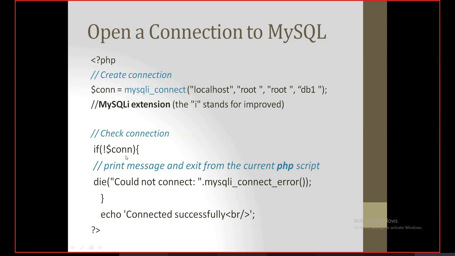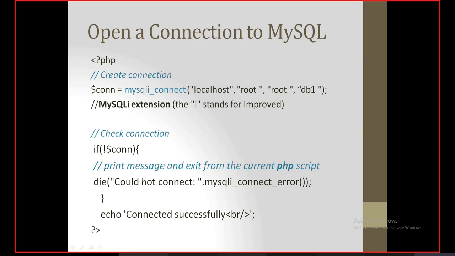If it is true, then it will print connected successfully. If it is not, then in that case, we will execute a method called die. What is the die method? Simply like we use exit 0 in C and C++. So the same sort of method in PHP script is die.